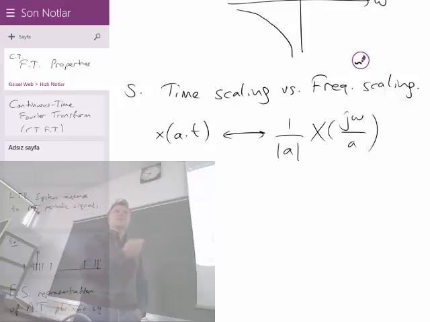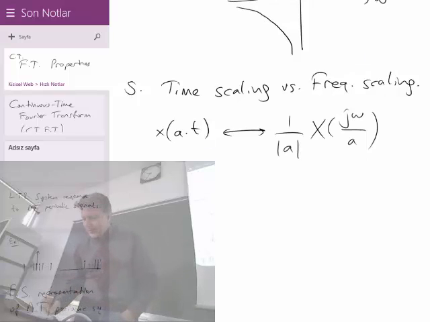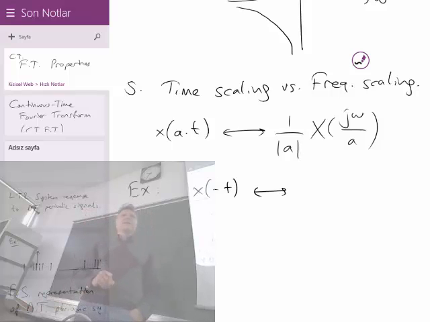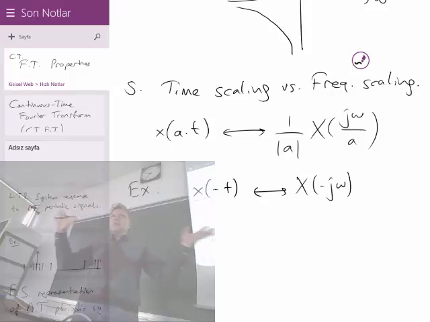What is the Fourier transform then? The typical example is: x of minus t has a Fourier transform equal to what? Apply the formula: 1 times capital X of minus j omega, which says that the frequency plot is also flipped around.